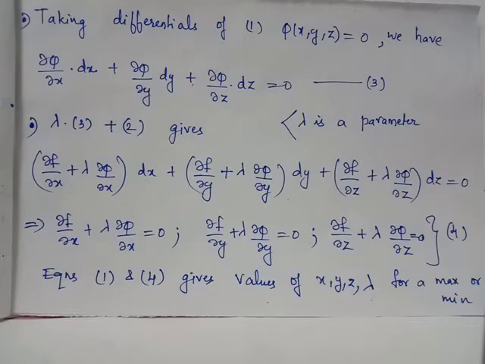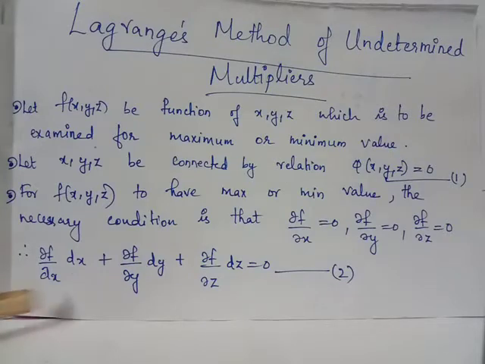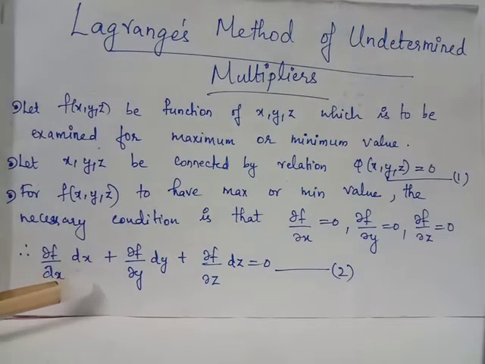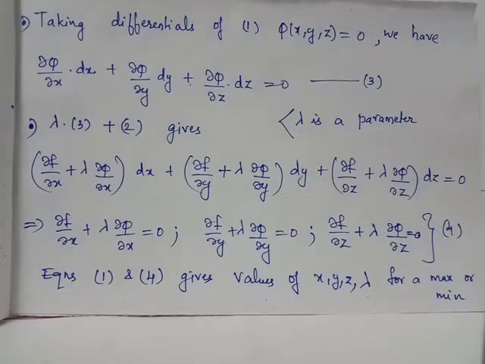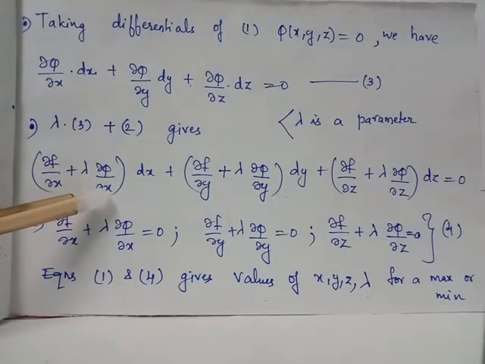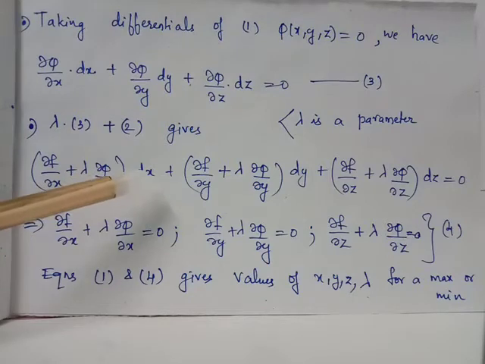If you multiply lambda, a parameter, to this equation and you take the sum with equation 2, which is the expression we obtained from this equation, we have dou f by dou x plus lambda times dou phi by dou x into dx plus dou f by dou y plus lambda times dou phi by dou y into dy plus dou f by dou z plus lambda times dou phi by dou z into dz equal to 0.